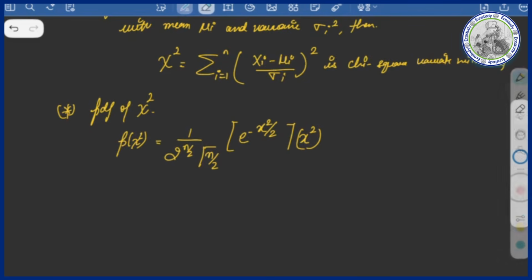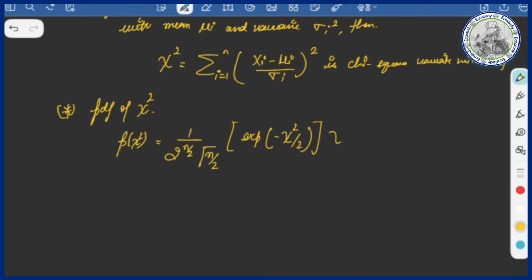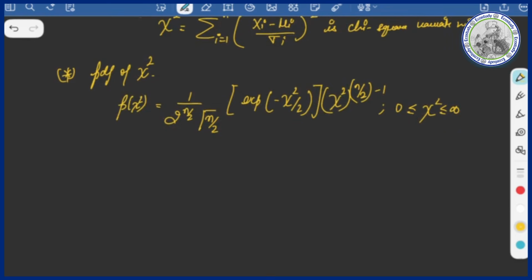Let me write it more clearly. So this is your PDF of the chi-square.